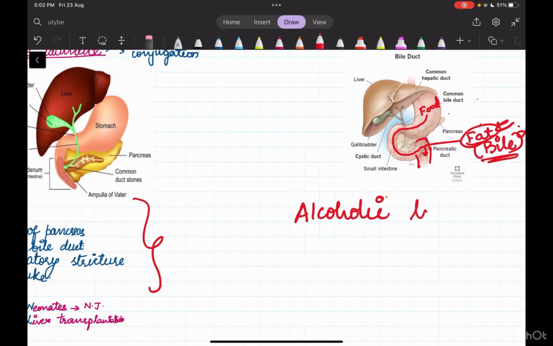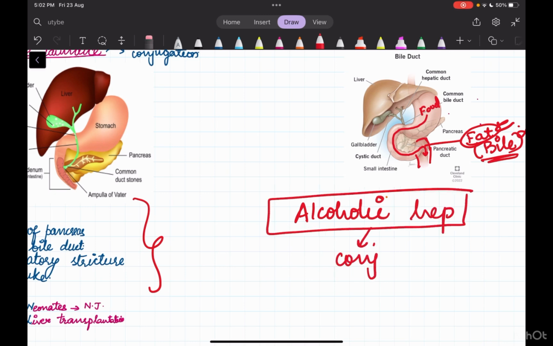What happens in alcoholic hepatitis? It is a kind of hepatic jaundice in which you have both conjugated as well as unconjugated bilirubin.